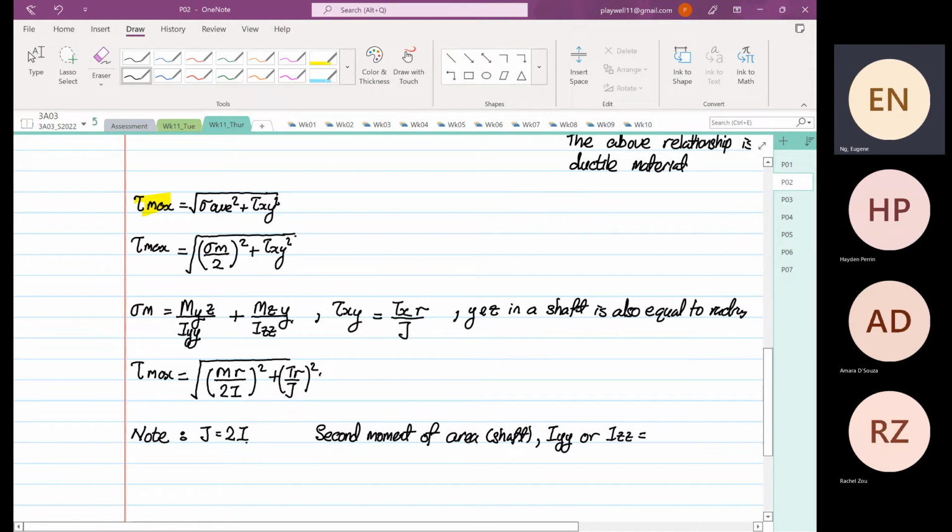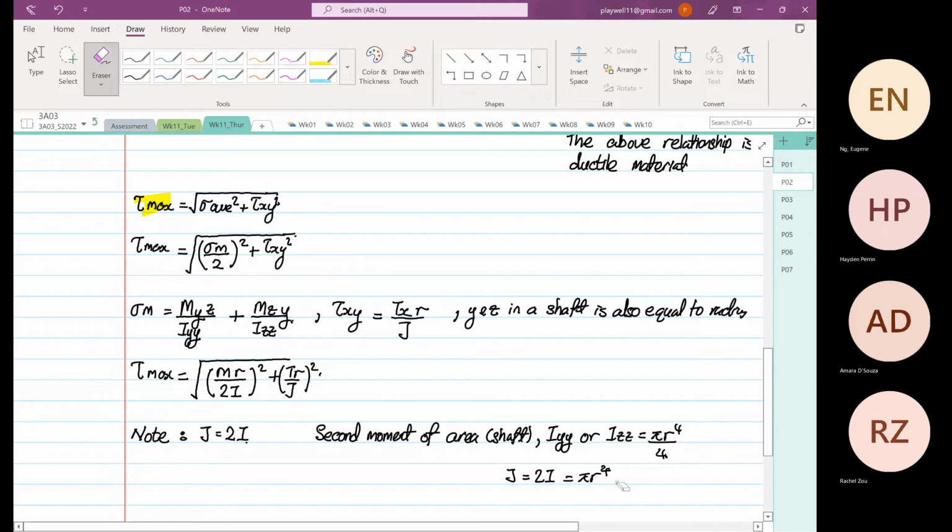It's equal to pi R^4 over 4. And for J, which is equal to twice of I, so this is equal to pi R^4 over 2.